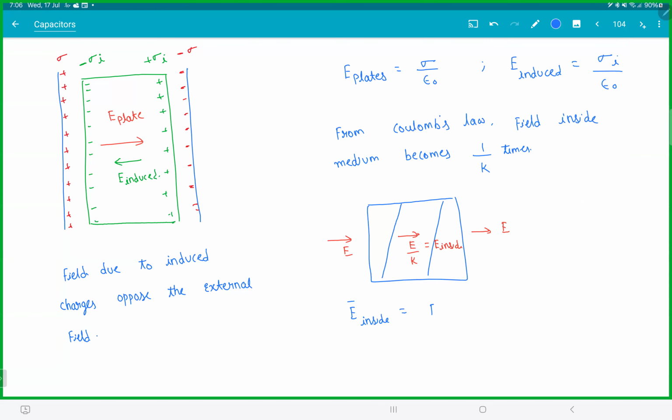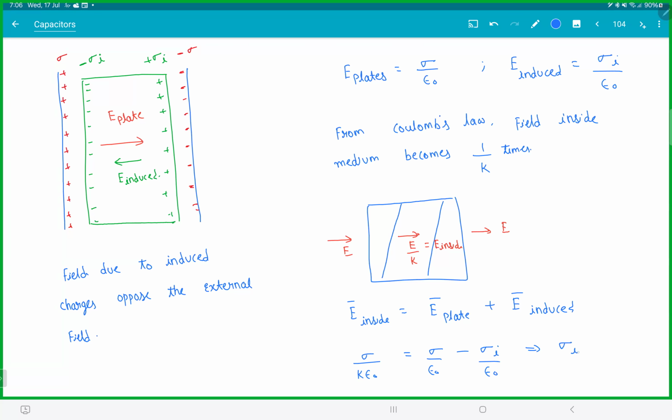So E inside is simply the field due to the plate, again vectors, minus E due to the induced charge. This is whatever is outside, that is sigma by K epsilon. This would be sigma by epsilon minus sigma induced by epsilon.